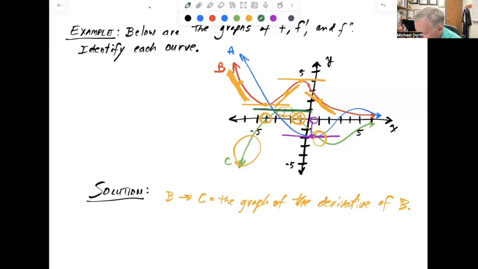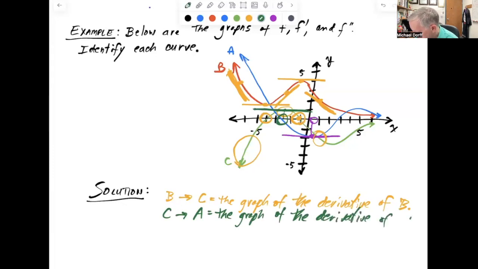There should be a curve that crosses the x-axis there, and that is the blue line. So that suggests that A is going to be the graph of the derivative of C. Let's check this out a little bit further.